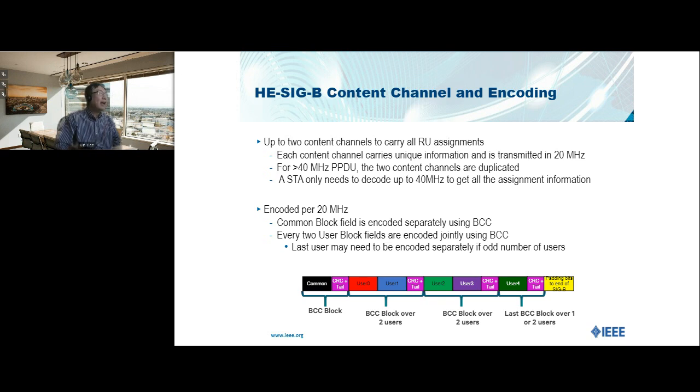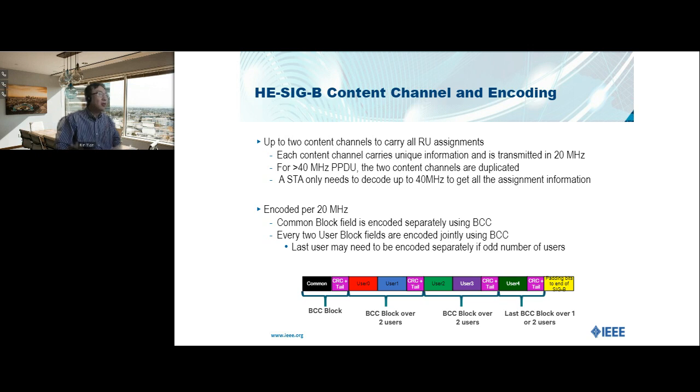When you go to the HE-SIG-B portion, if you still repeat every 20 megahertz, the overhead of SIG-B will be large, especially when you try to transmit to multiple users.